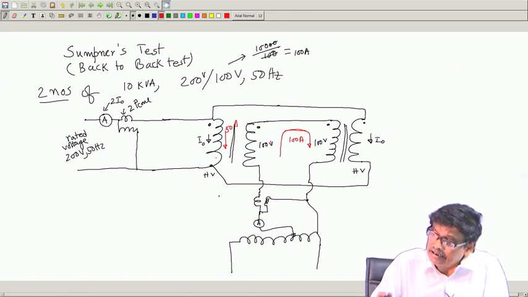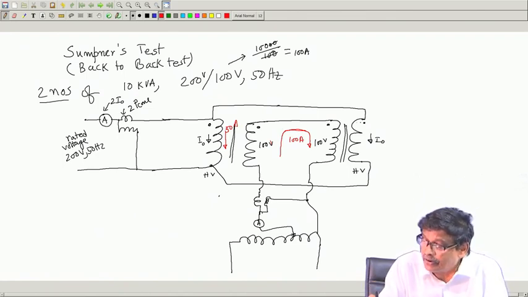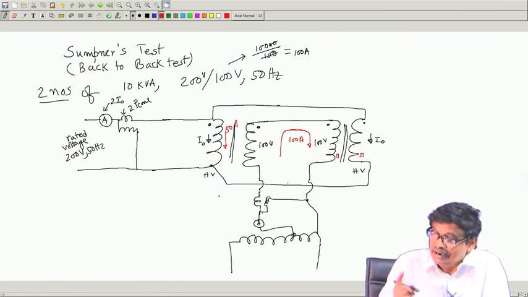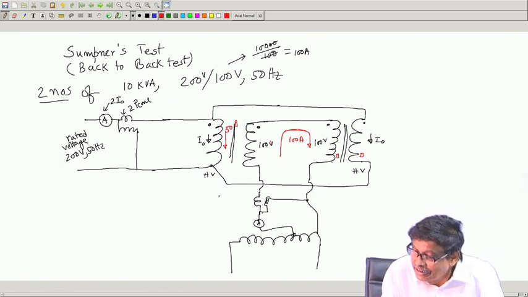Now, similarly for this transformer, it is just happening in the opposite way. As I told you, if these two are dots, you can consider these two as dots as well and remove this. See, these are the things you must understand. So, through the dots here 100 ampere is coming out.